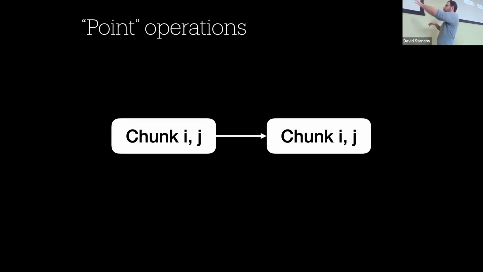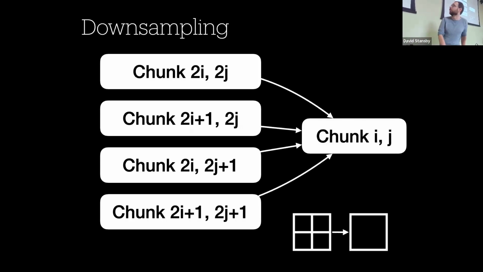So each chunk, I'll do it in 2D just for simplicity here, chunk with an index ij just maps to chunk with an index ij in the output. And you can basically just parallelize this over every chunk in your image.